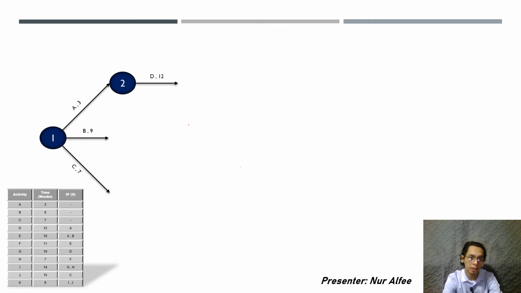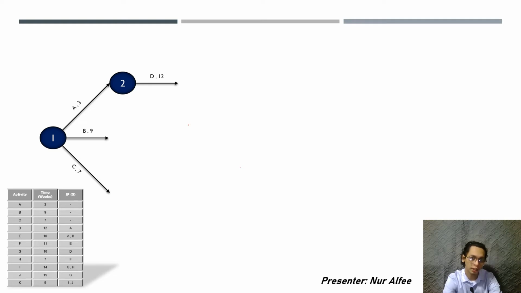Next is activity E. This has two predecessors, activity A and B, and as we can see, there is no way we can draw a line from activity A directly to activity E. So we're going to draw a dummy.